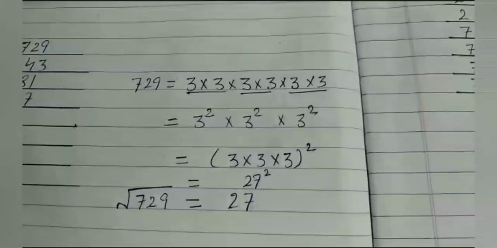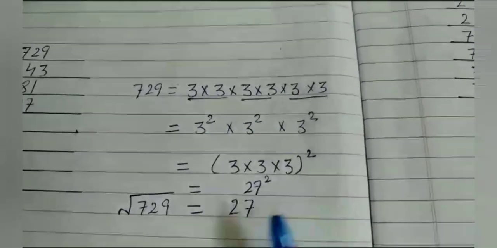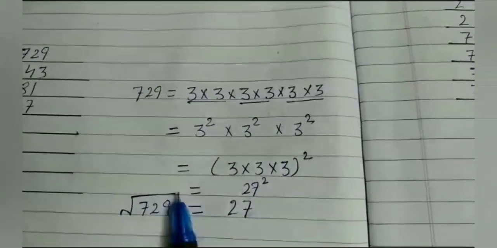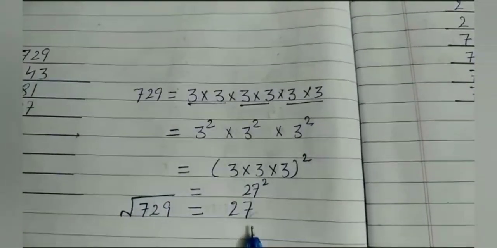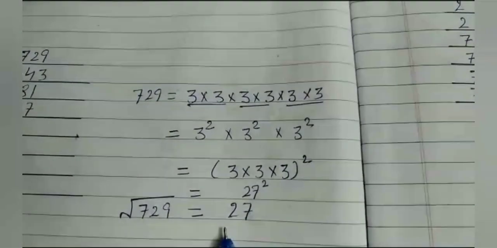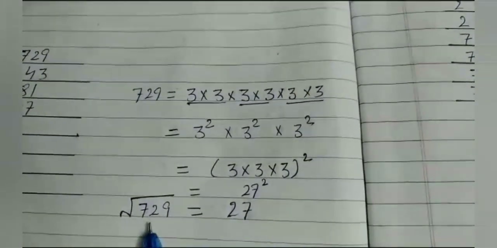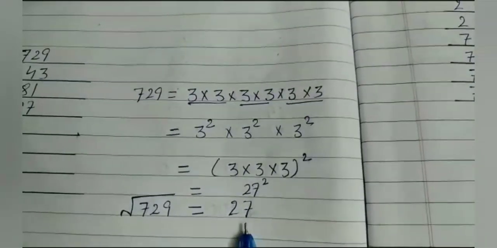And when we solve, we find 27 square. So, we write square root of 729 equals 27. Clear? Look carefully. Square root of 729 will be 27.